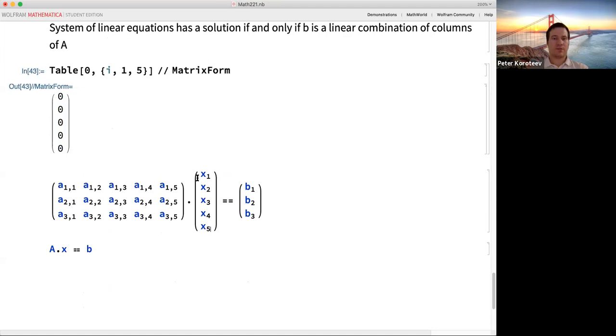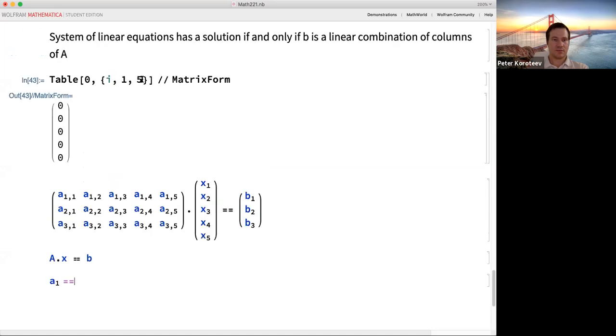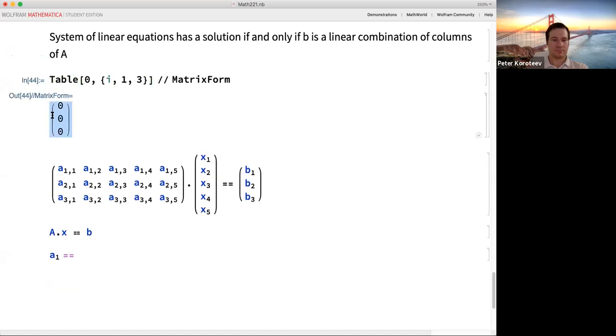Now, you can rewrite this relationship as follows. I can say that there's a vector A1, which has components A11, A21, and A31, and so on.